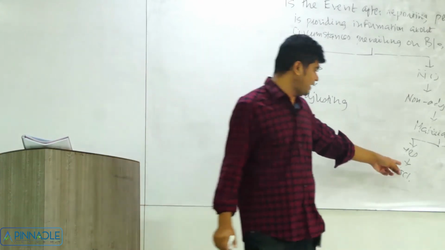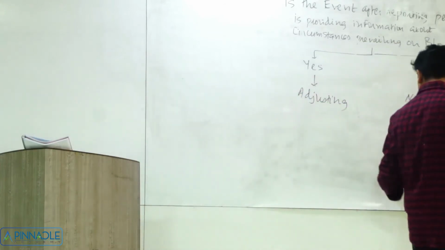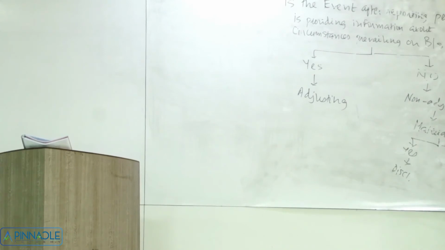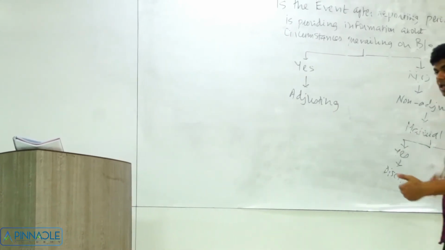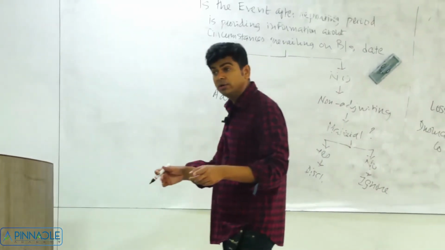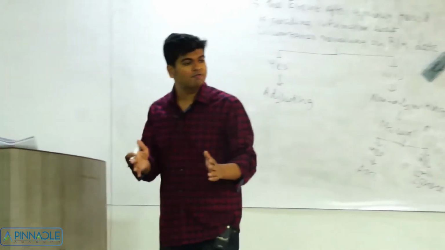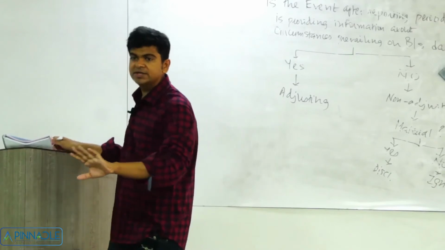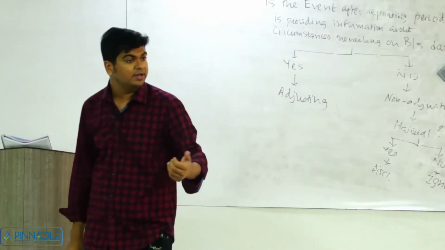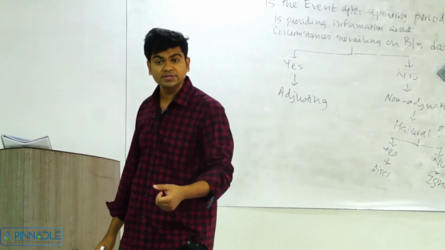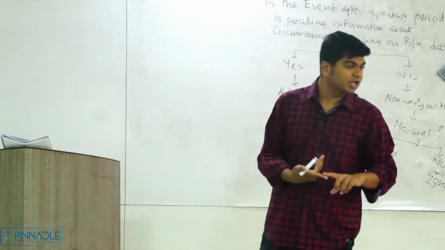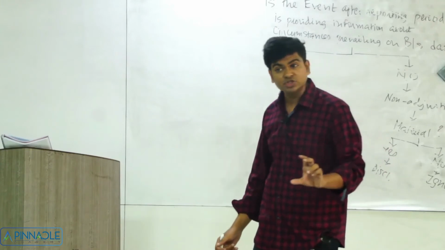You have to provide disclosures for the same. Disclosures will be provided, but as far as the accounting is concerned, it will be done only on the legal date of acquisition. Why is it so? Whether it is Accounting Standard 14, IFRS 3, or our Ind AS 103, the effect of mergers and acquisitions can be given only on the acquisition date.